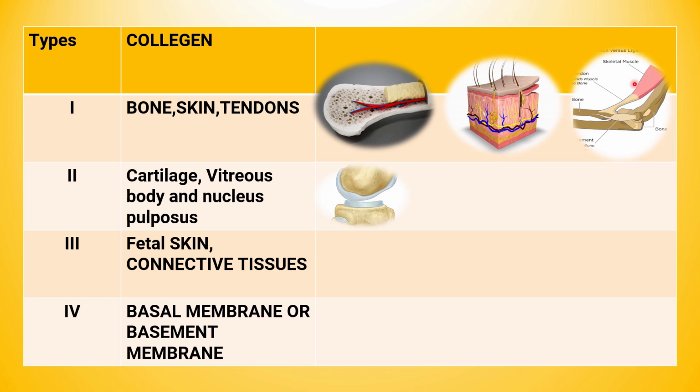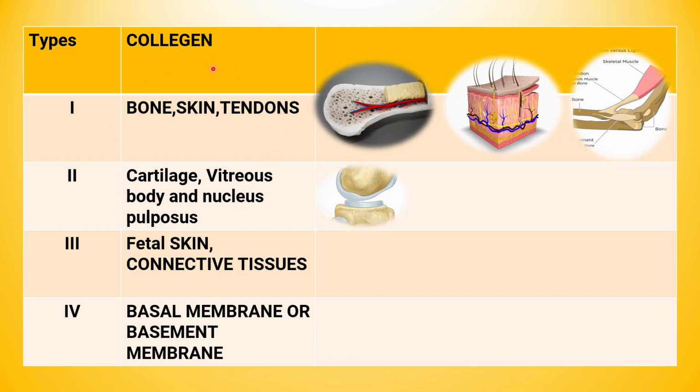Out of that, the maximum percent is seen in the skin: 74% of collagen is present in our skin, 64% in the cornea, and 50% in the cartilage, followed by 23% in our bone, followed by liver.